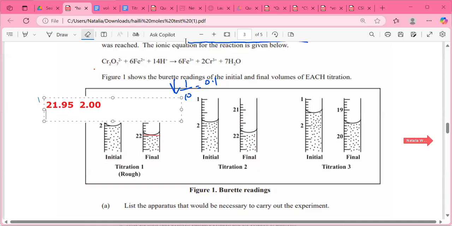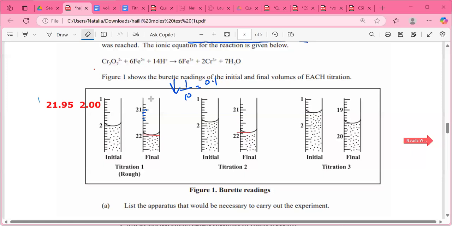Then for the next one, so it's not on my 22. Is it on my 22? Let's rub out this. So the bottom of the meniscus for this is not on the 22 mark.